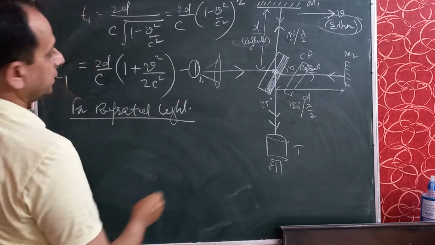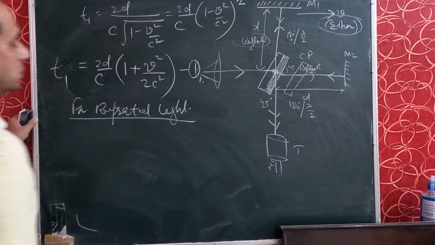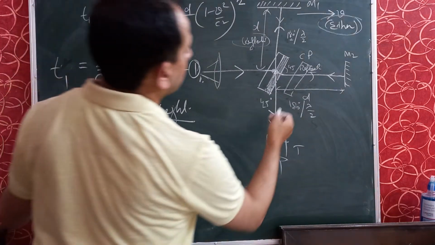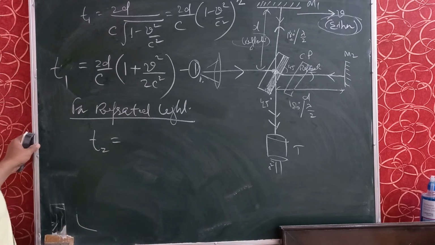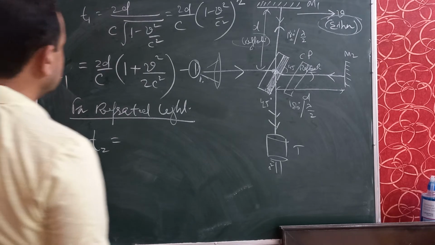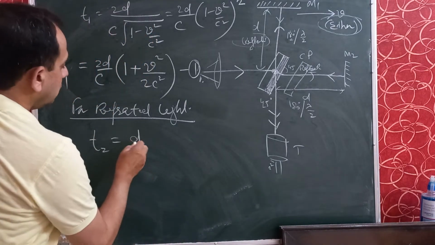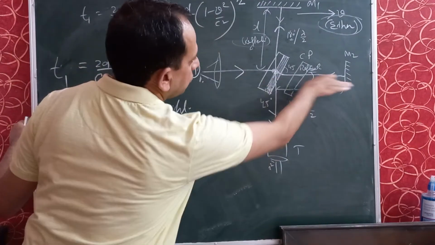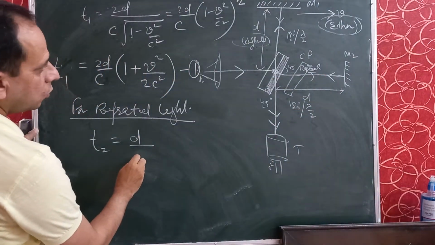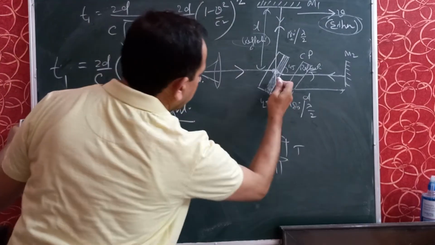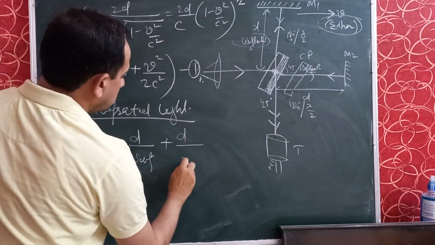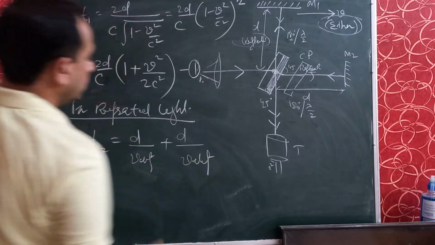Second, for refracted light, again we will find the time taken. Let the time taken for the whole journey be the sum of the time for the forward direction, d over velocity, plus for the backward direction, d over velocity.